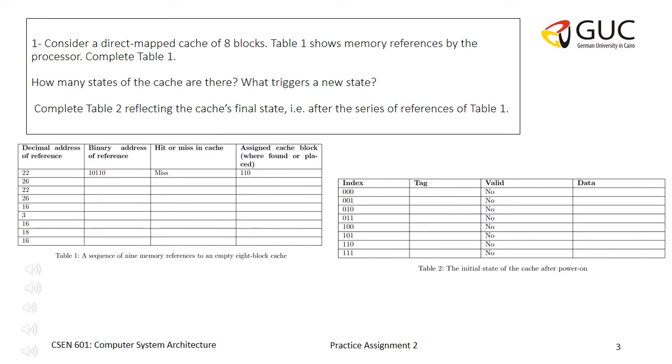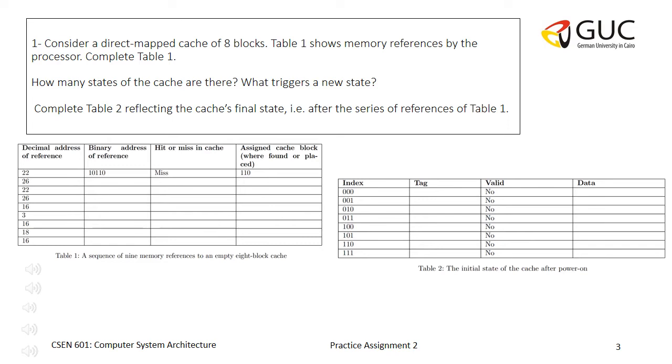Another thing is how we can determine if this is a hit or a miss. First, we have the input address, and we divide it into an index and a tag. Then we take the index part and check the index block in the cache.